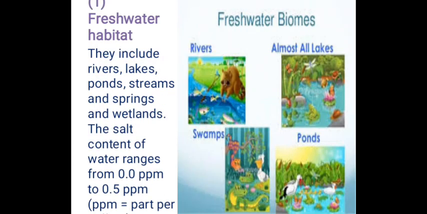Let's look at the freshwater habitat. They include rivers, lakes, ponds, streams, springs, and wetlands. The salt content of water ranges from 0.0 ppm to 0.5 ppm. ppm stands for parts per million. See the examples in the picture. Rivers, almost all lakes, swamps, and ponds are included in freshwater habitat.